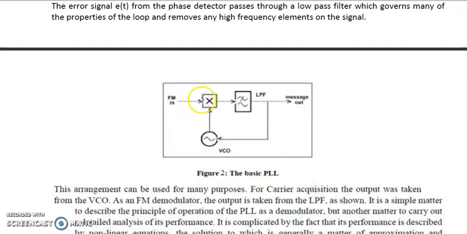That is why the difference between the frequencies or the phase will generate the replica of the message signal, and the output of the low pass filter is actually the demodulated message signal. In this way, I am ending.